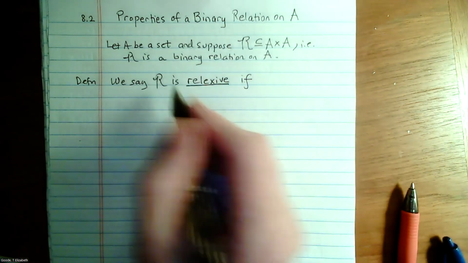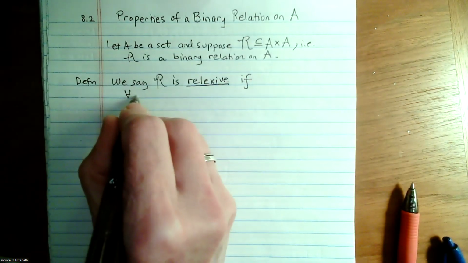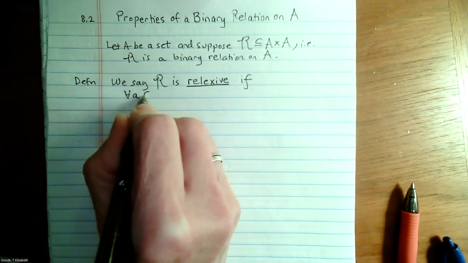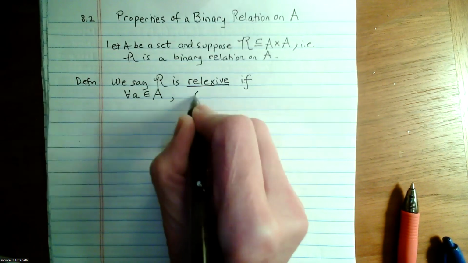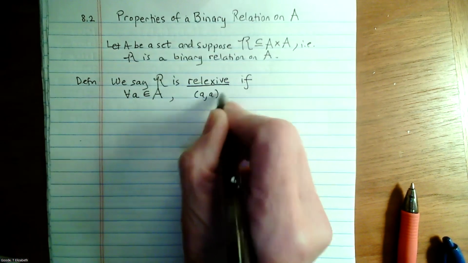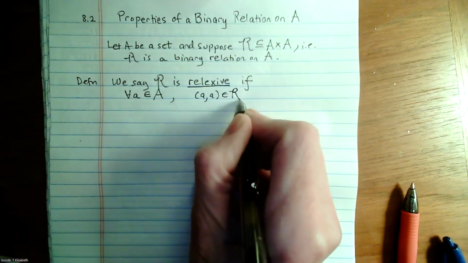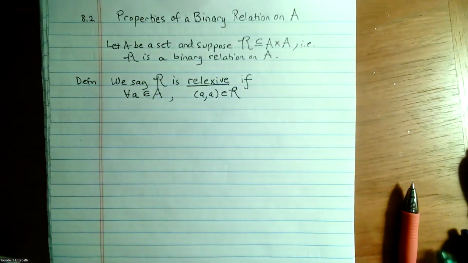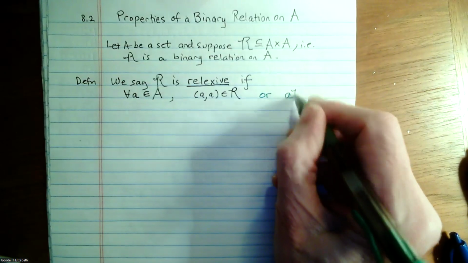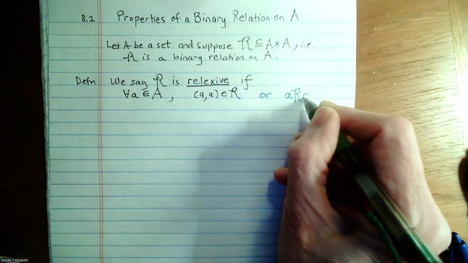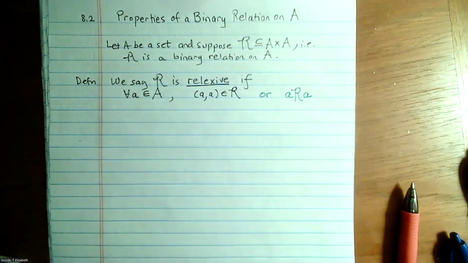The first way is: for all elements little a in set A, the pair (a, a) is an element of curly R. Or we could write it using the other notation: a is related to itself.